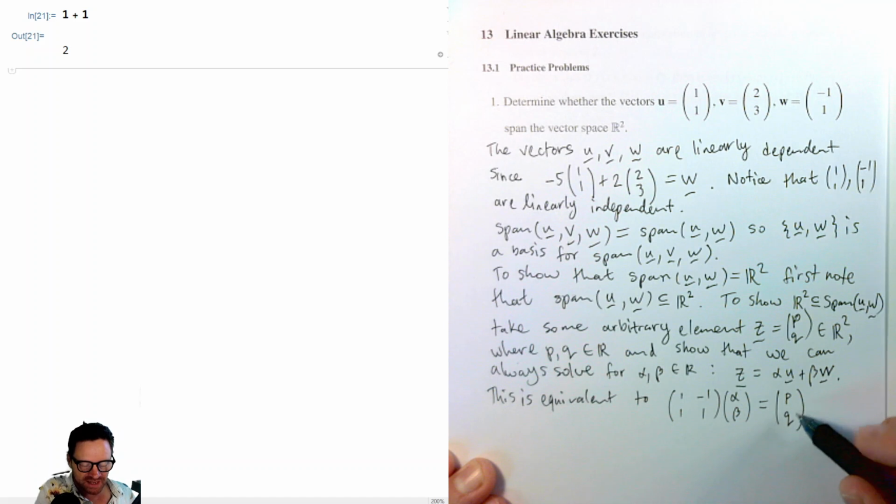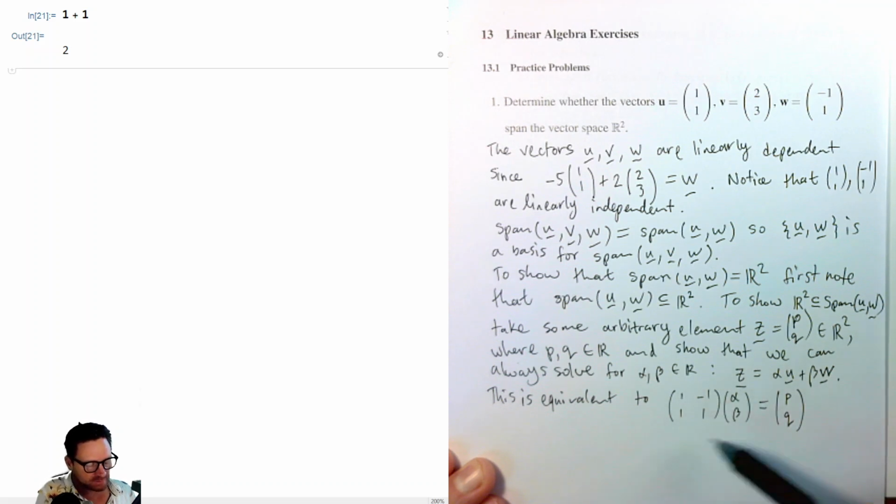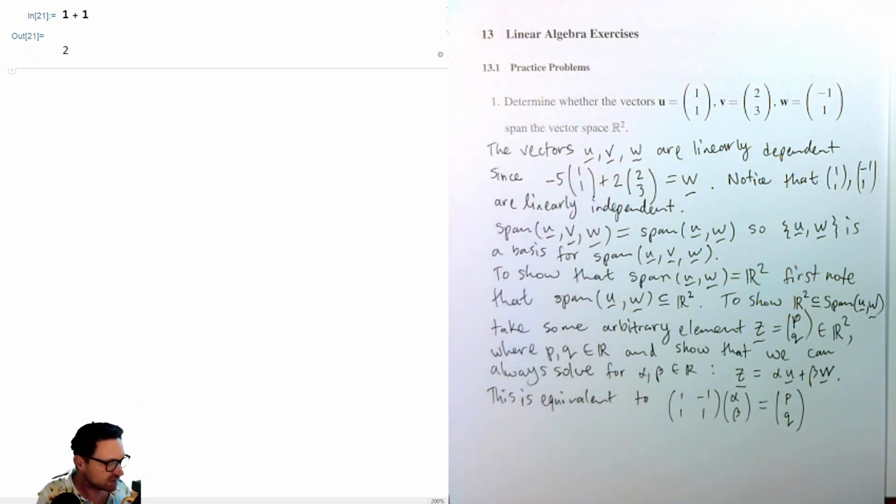All right, here's our z. We've just taken alpha times u plus beta times w and put that into a matrix product. And so can we always solve this matrix equation for alpha and beta? And the answer is yes, because this matrix here on the left is always invertible.